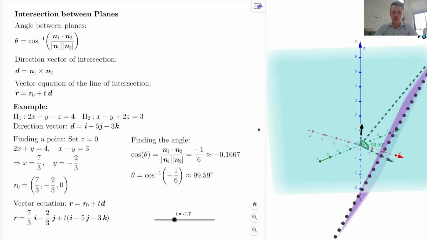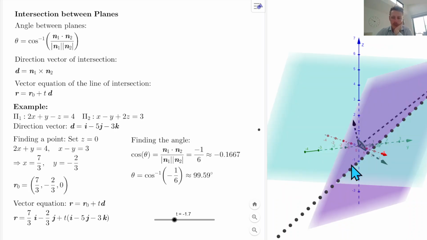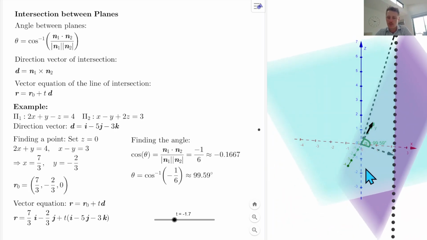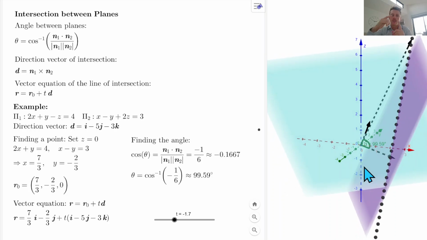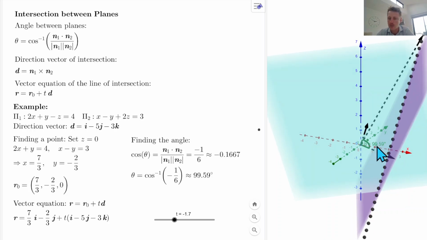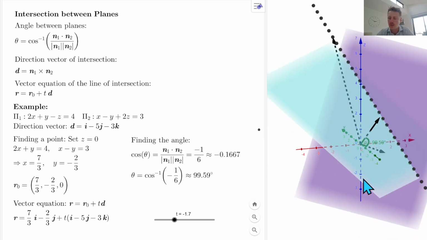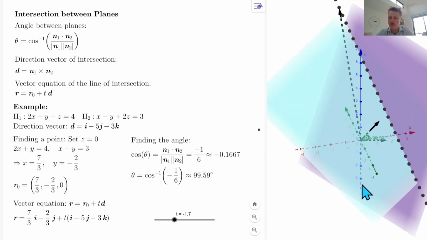Yes, I think you would agree that that must be the obtuse angle between the planes, because the maximum angle you can have between two planes is 90 degrees when they're like this. So if we needed to find the acute angle, we need to do 180 minus 99.59. Let me know if that rings any alarm bells. I think that sounds right.